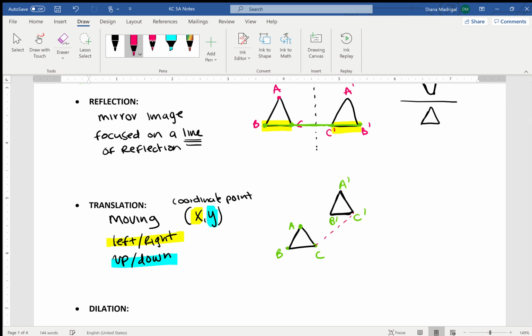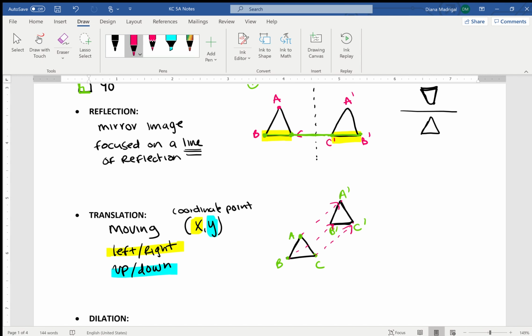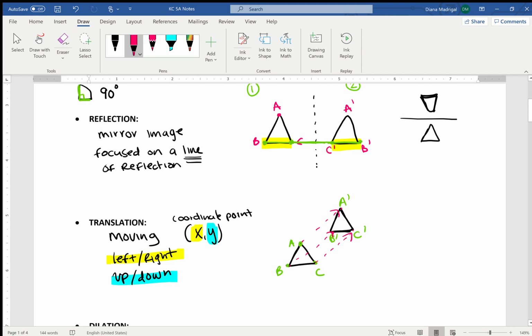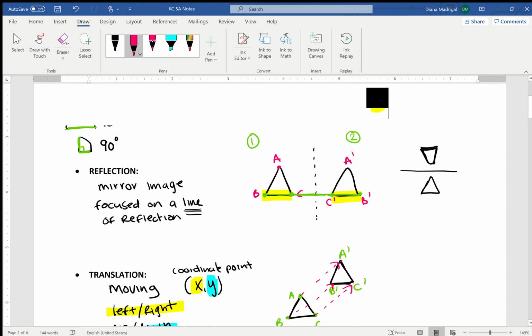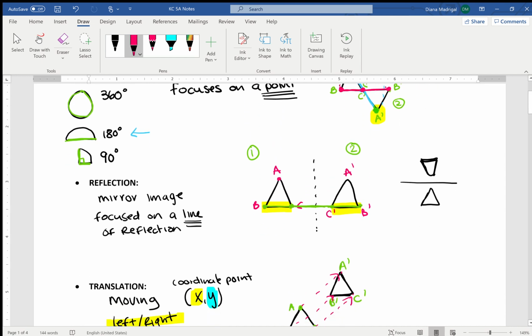So again, I'm connecting my points: C with C prime, B with B prime, and A with A prime. You're going to see that they are going up. So it's moving up. So with translation, the image stays the same no matter what. It just moves left and right, up and down. Okay, so make sure we understand this.